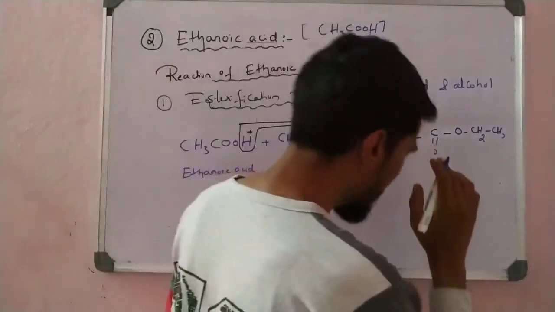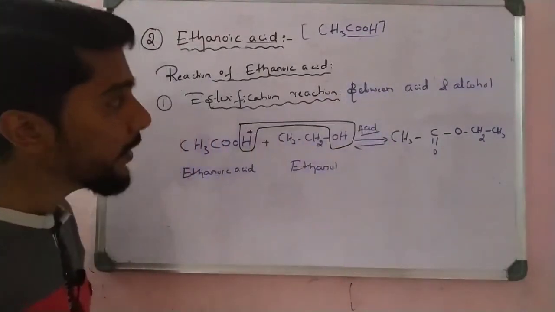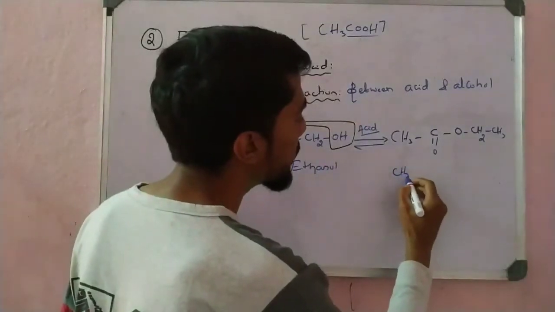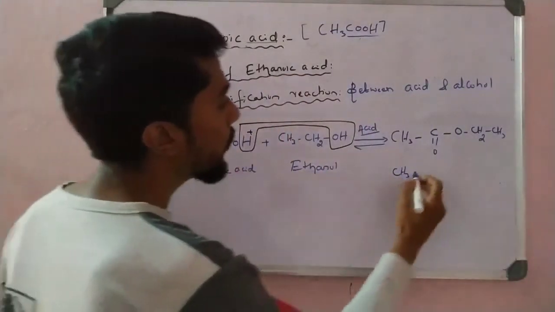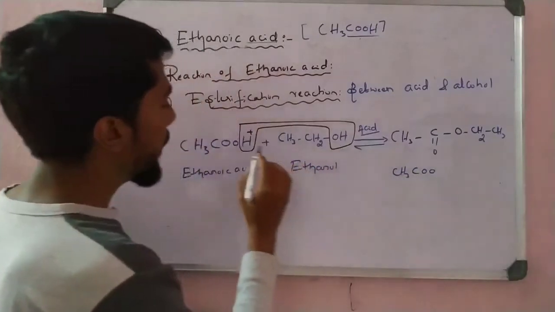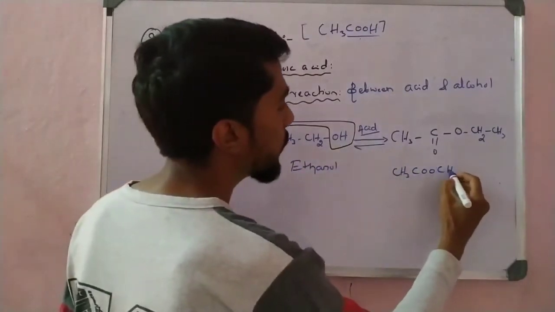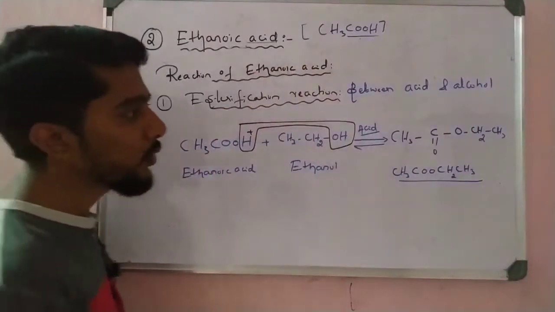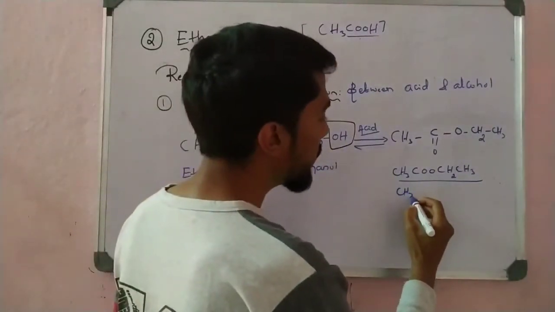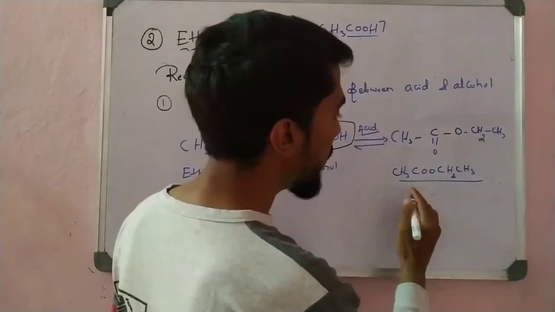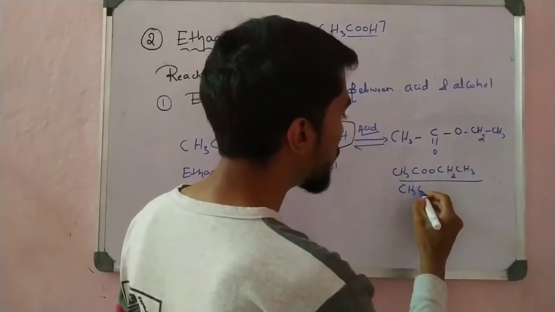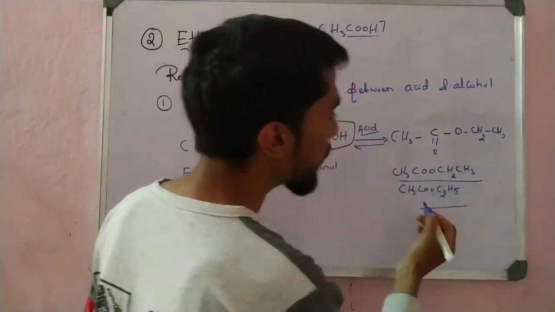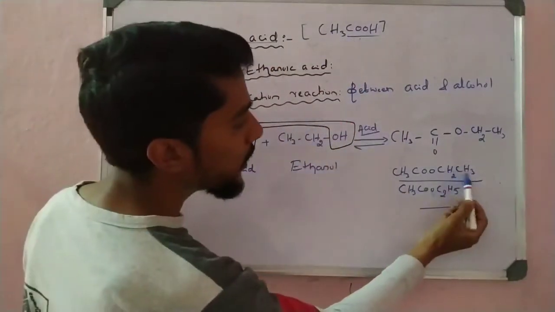If you get confused, it is also written as CH3COOCH2CH3, or also in the form CH3COOC2H5, because here we have C2H5.